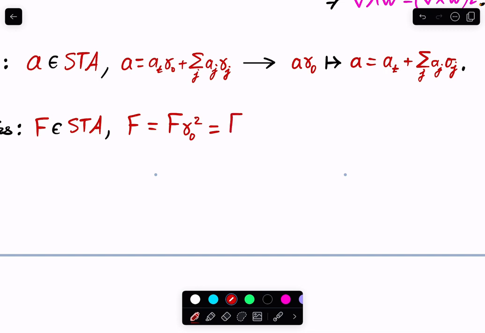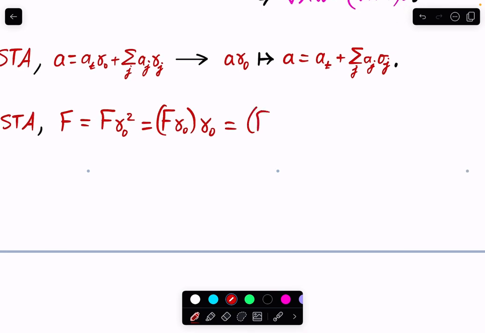Because it's equal to 1 times f gamma_0, which is equal to f dot gamma_0 plus f wedge gamma_0.